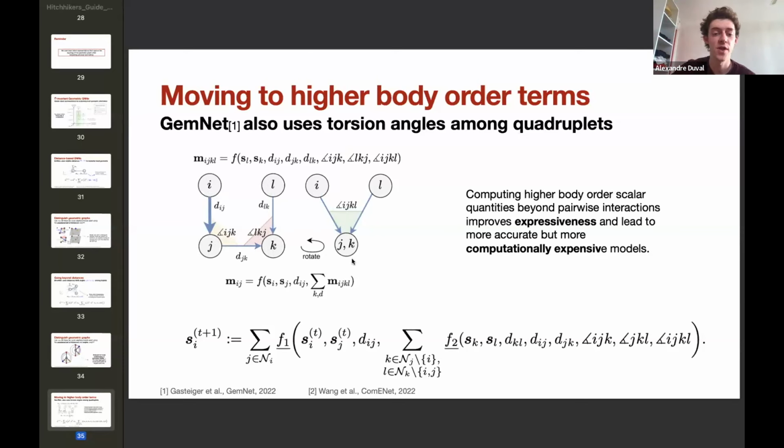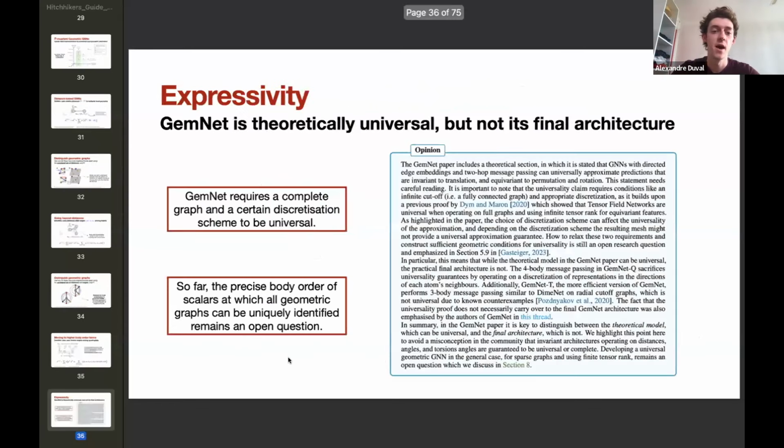And as you notice, the equation becomes quite complex, right? You look at the neighbors of I, you also look at the neighbors K of J and at the neighbors L of K. So it means that you have to pre-compute all these scalar quantities that represent this geometric information and that you can propagate.